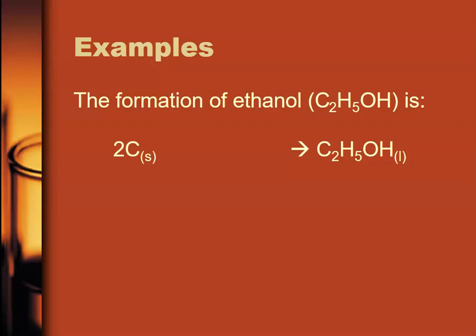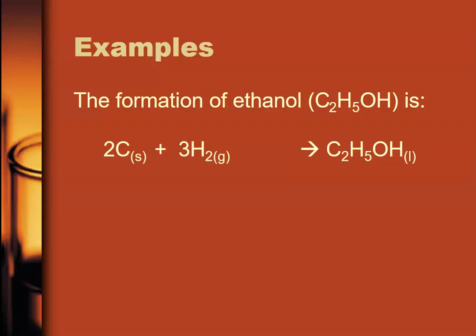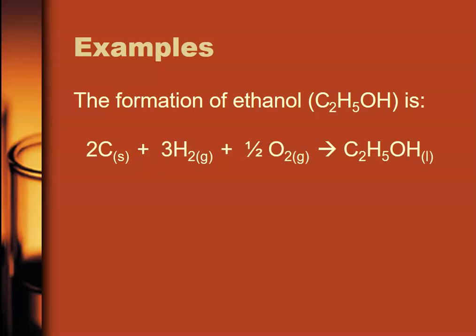Hopefully you're aware of the fact that at room temperature, hydrogen is a gas and exists as H2. And of course, because I've got 6 hydrogens in my ethanol, I need 6 hydrogens in my reactant, so 3 H2s. And the last element that's present in ethanol is oxygen, which of course also exists as a gas at room temperature as O2.